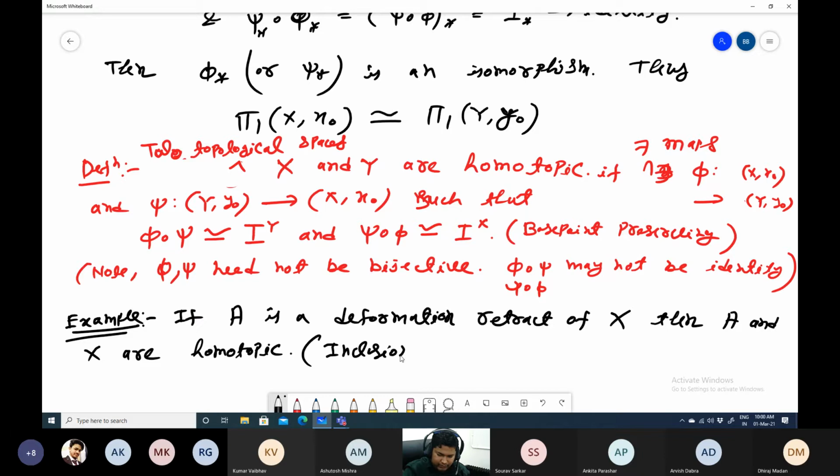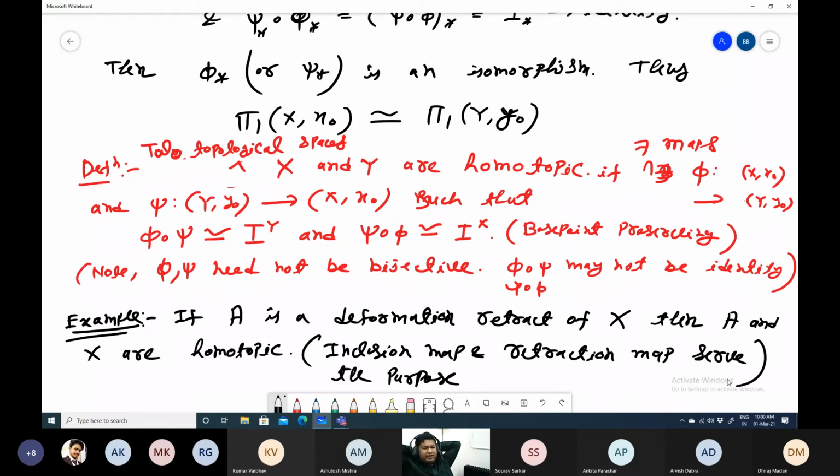Here your inclusion map and retraction map serve the purpose. Right? You can take one phi as retraction, another psi as just inclusion. Then you can see that in the composition, one will be identity, another will be homotopic to identity. So therefore, that is a homotopy equivalence, right? So you can say that A and X are homotopy equivalent.